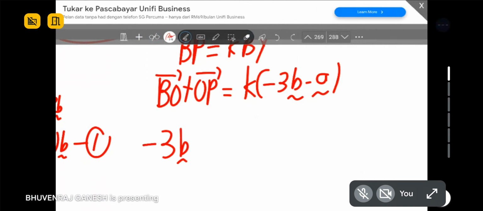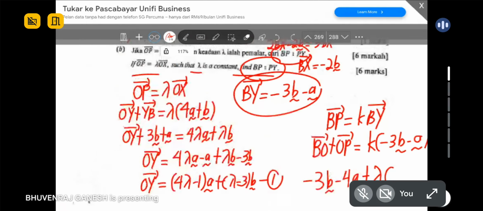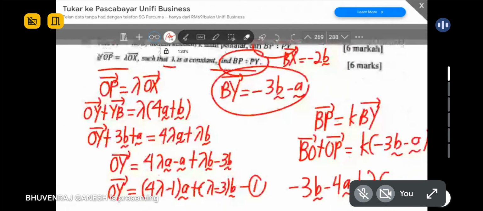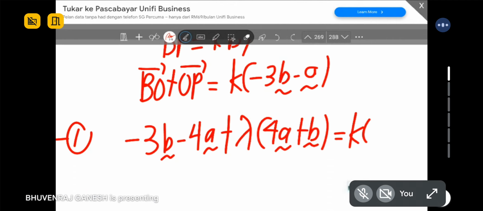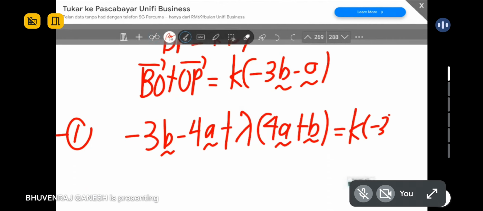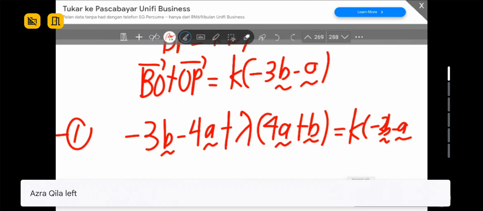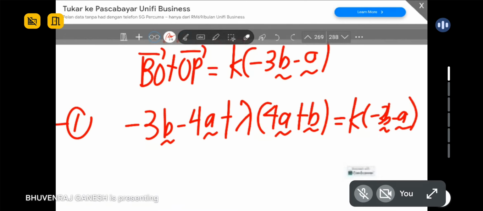And then OP is lambda OX. OX is what, guys? OX is 4A plus B, right? So lambda times (4A plus B) equals K times (negative 3B minus A). Clear, guys, up till now?